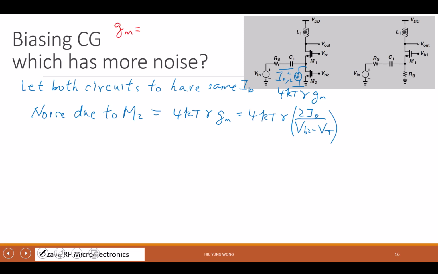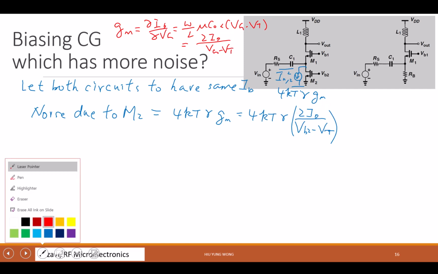Transconductance equals partial ID, partial VGS. So it is equal to W on L mu C of Vg minus Vt squared. If you remember, no square, because you take the derivative, right? You see that this is also equal to 2ID divided by Vg minus Vt. Just substitute. Okay, so this is the noise that we get from it.